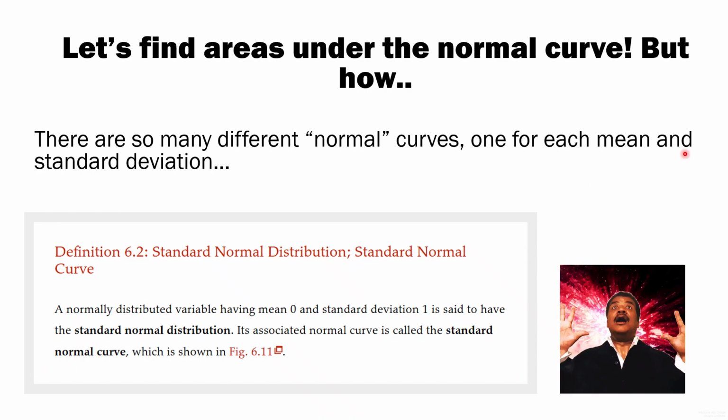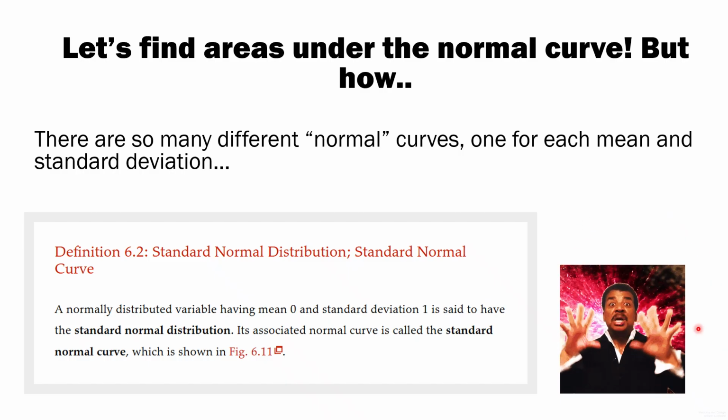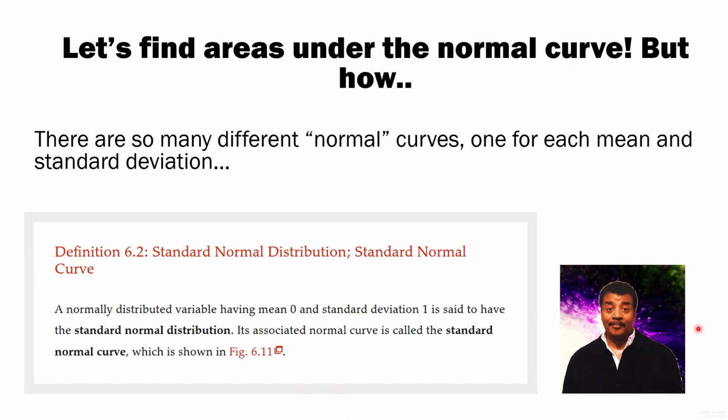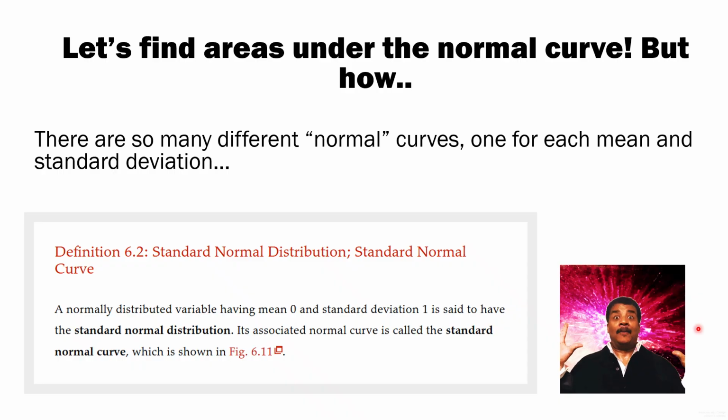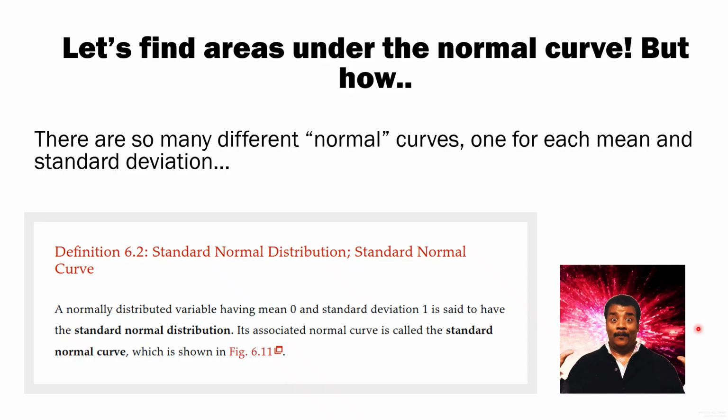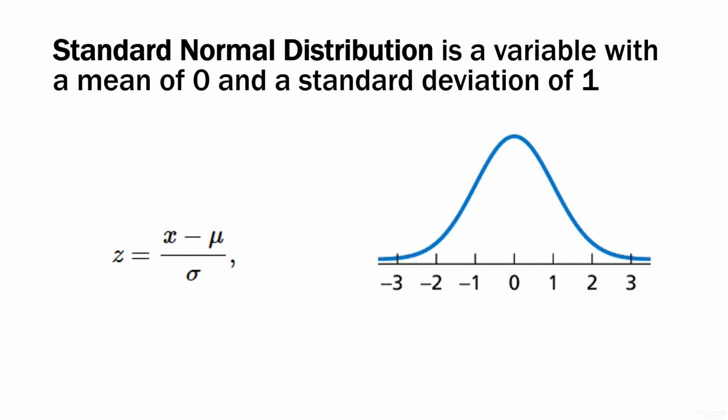And hopefully, I'm blowing your mind a little bit, because this means that we can take all of the different sets of data that we have and turn them into z-scores by standardizing them, and then we can compare among the data sets. The standard normal distribution is a variable with a mean of 0 and a standard deviation of 1.